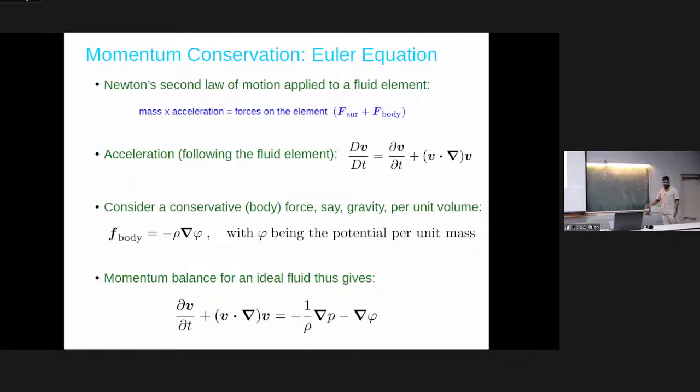The reason I'm drawing this diagram is that next is an exercise for you to work out the distribution of pressure in a hydrostatic equilibrium. How is pressure varying as a function of height in Earth's atmosphere? That is something as an exercise, but I think you have enough tools to work it out.